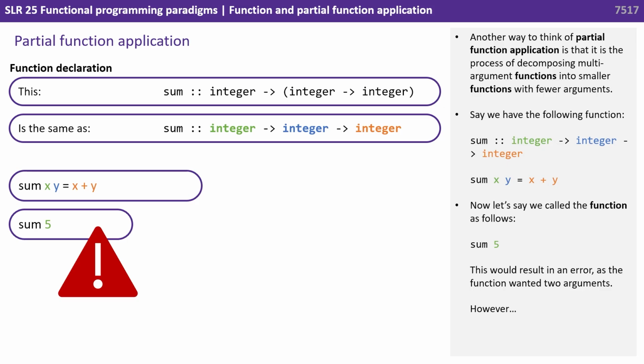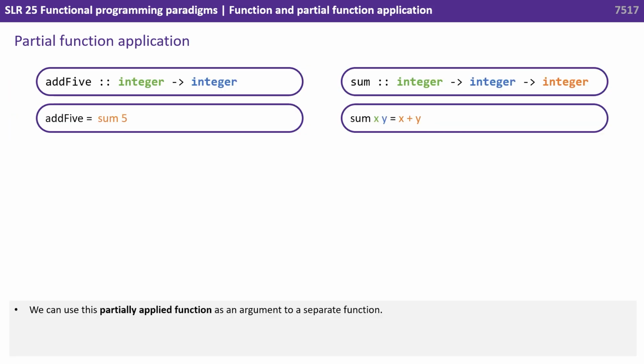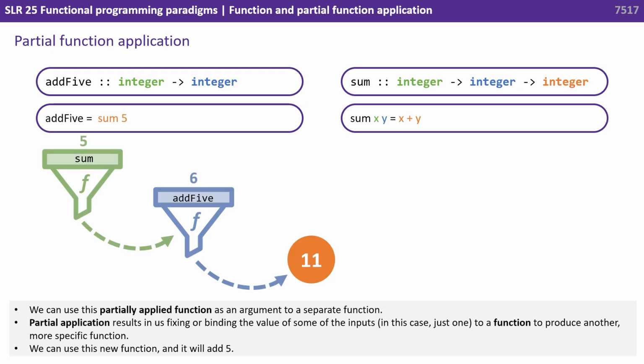However, we can use this partially applied function as an argument to a separate function. Partial application results in us fixing, or what we call binding, the value of some of the inputs, in this case just one of them, to a function to produce another, more specific function. We can use this new function and it will add 5.